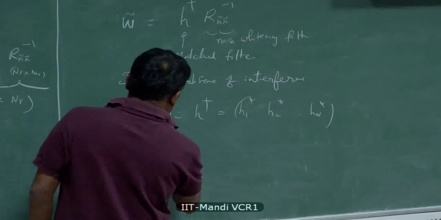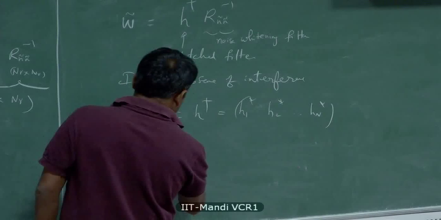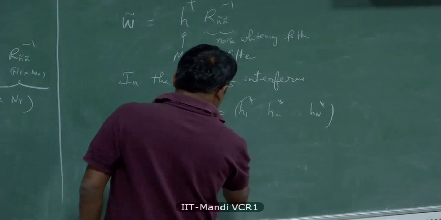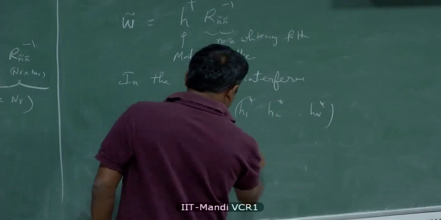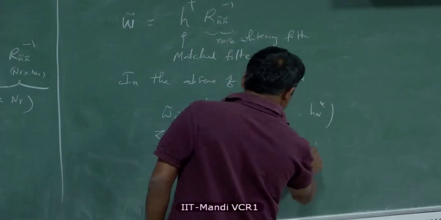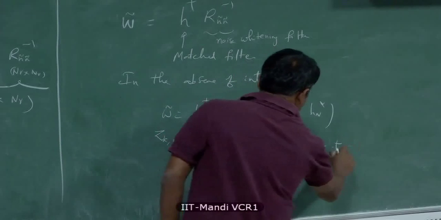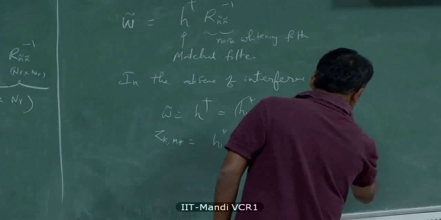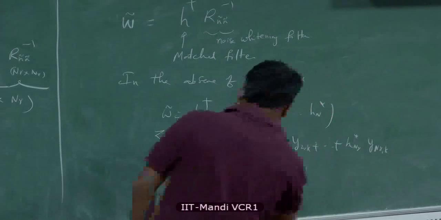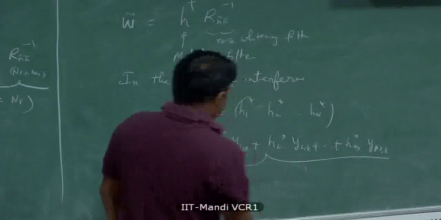And Zk for match filter is equal to H1 conjugate Y1 K plus H2 conjugate Y2 K plus HNR conjugate YNR K. This is also called, what is it called?